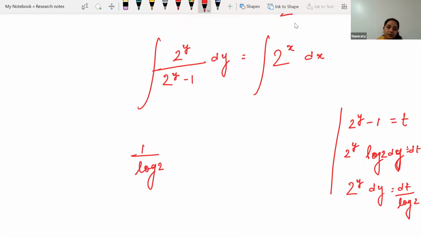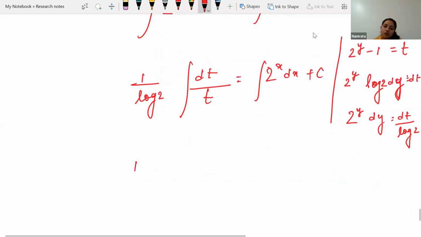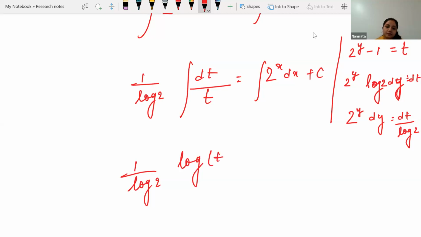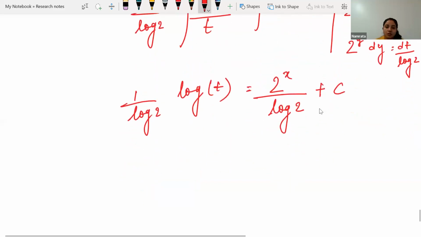1 by log 2, this became dt over t is equal to 2 to the power x dx plus constant of integration. So 1 by log 2, this became log of t, is equal to, the integral of a to the power x is a to the power x by log a.